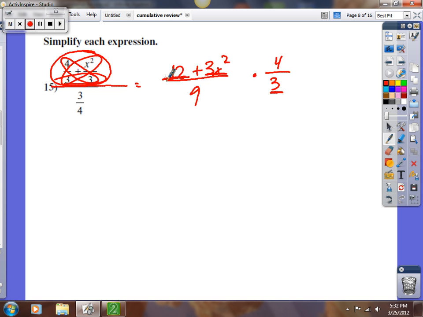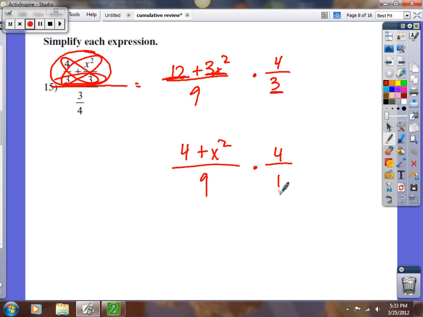So if I divide each of those guys by 3, 12 is going to change to a 4, and it's just going to be 4 plus x squared. The bottom is going to stay a 9, 4 over 1. So I just cross canceled my 12 plus 3x squared and my 3 on the bottom.